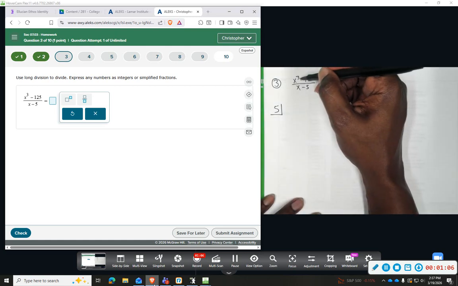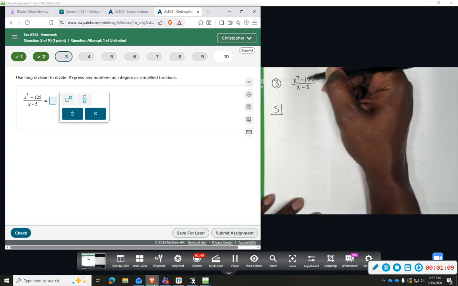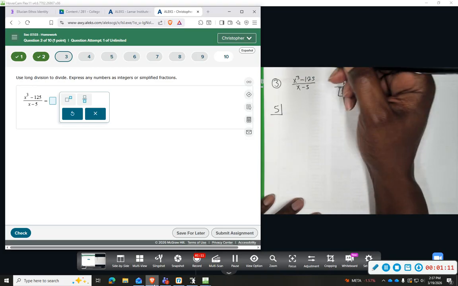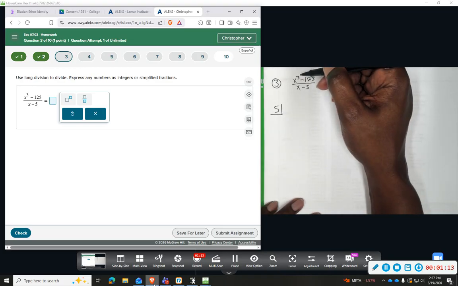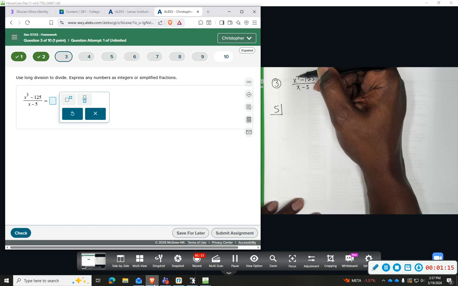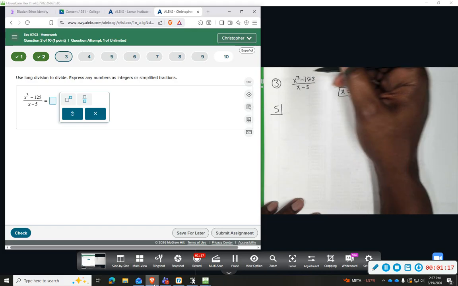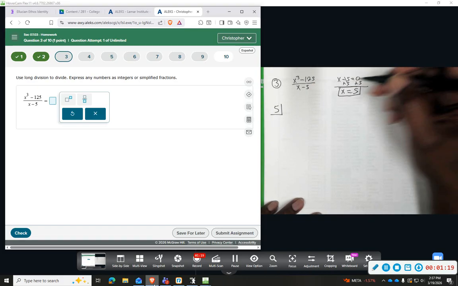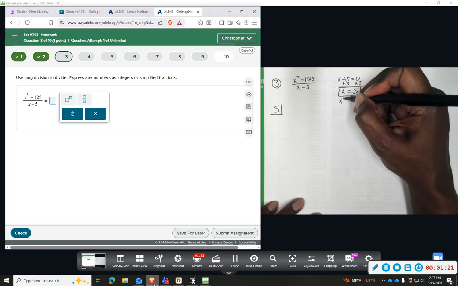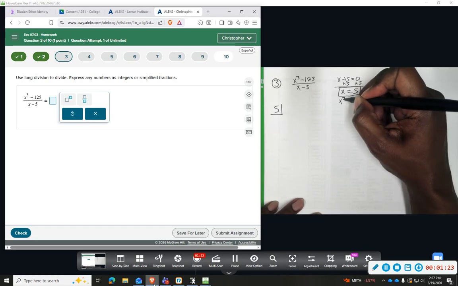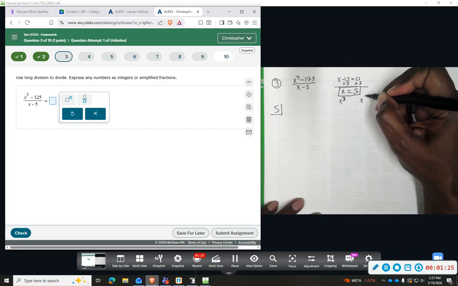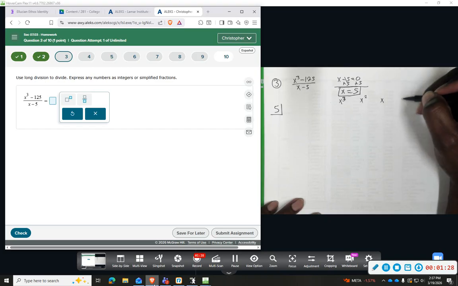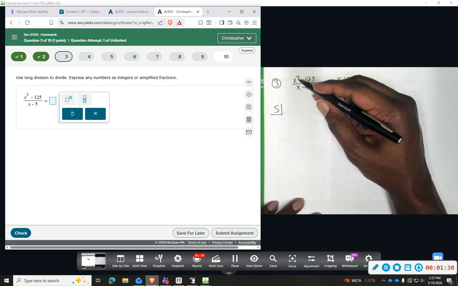Then I'm going to list the coefficients of my polynomial. So just like I did with synthetic or long division and listed placeholders, I'm going to do the same thing here. So my problem starts with an x to the third, which means I need an x to the second, x to the first, and then a constant term. So I have an x to the third.